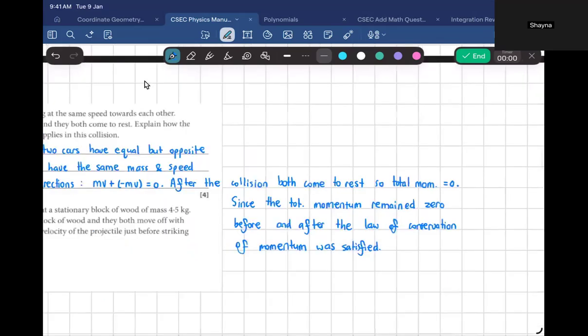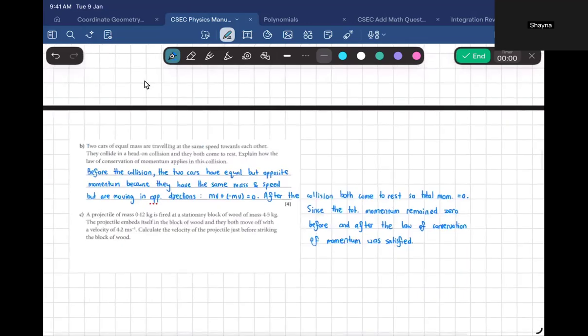So let me read back your answer one more time. I'm going to read what you see and you will tell me if that's what you have, right? The law of conservation of momentum says that the total momentum before collision is equal to total momentum after collision. Due to this, the total momentum before the collision would be zero.